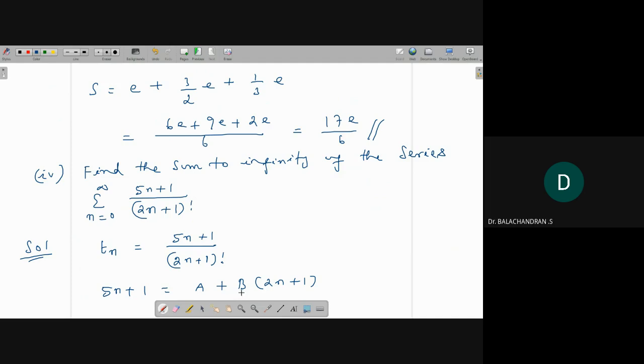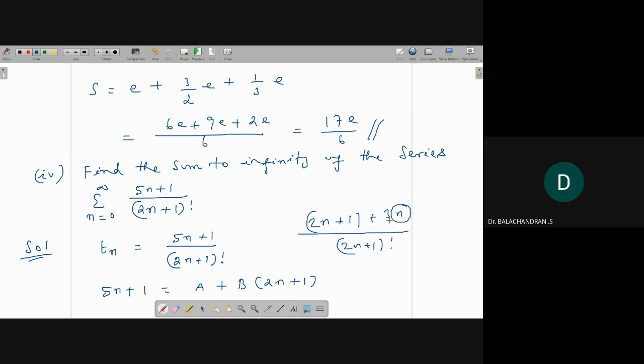Sir, we can write the numerator as 2n plus 3n plus 1 also. 2n plus 1 and then plus 3n. Okay. But here again the problem is n. This is also in terms of 2n plus 1.